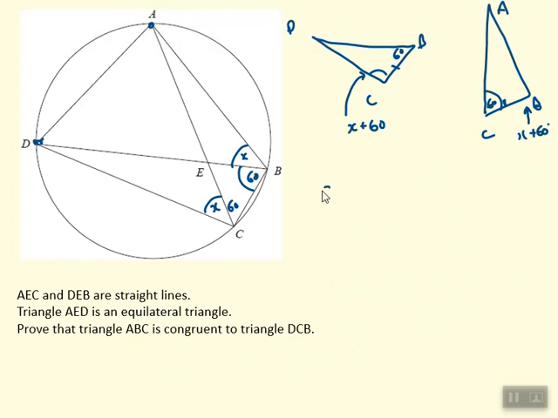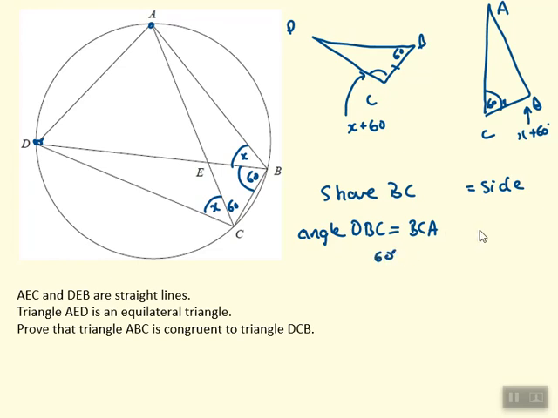Okay, so first of all, they share BC, so that's a side. And the angle DBC equals angle BCA, because they both equal 60 degrees.